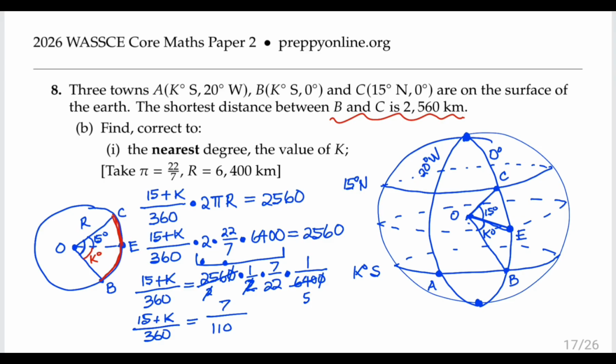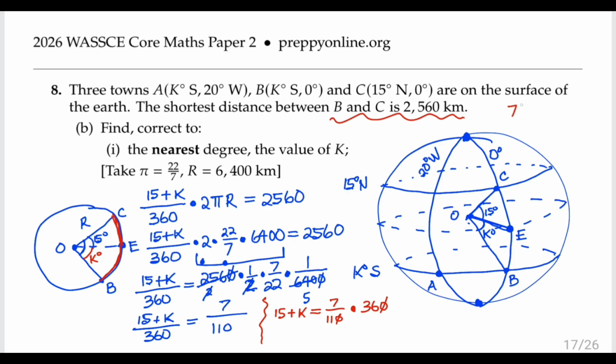All right, so let's try to see if we can use the space. We multiply both sides by 360. We have 15 plus k equals 7 over 110 times 360. Again, we cancel the zeros. We have 7 times 36 over 11.